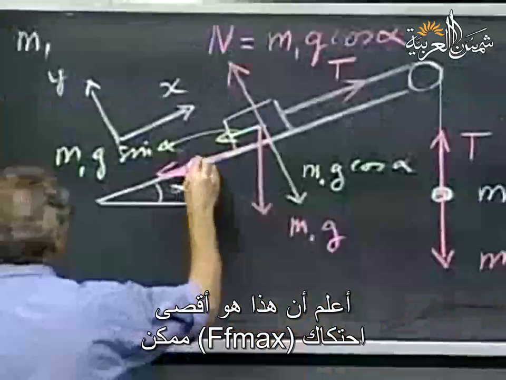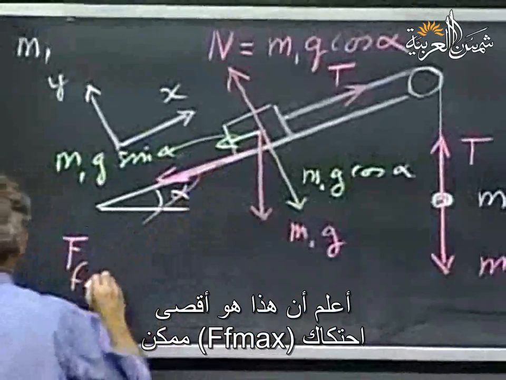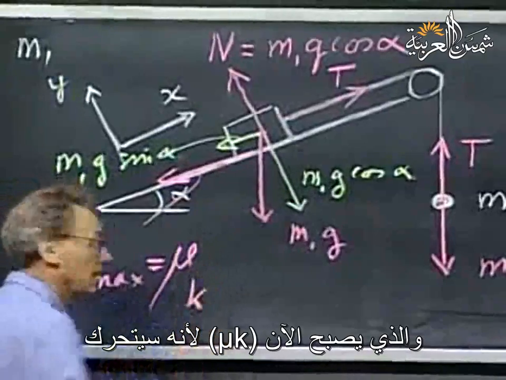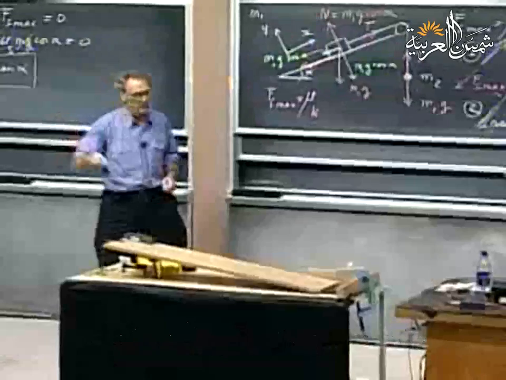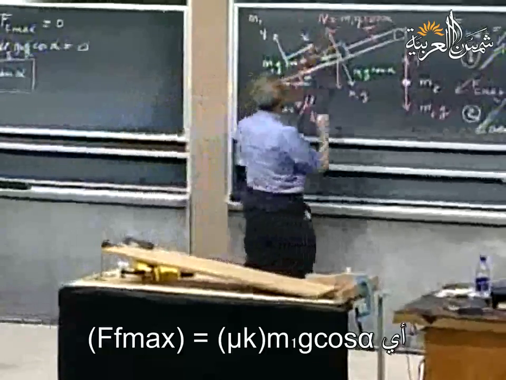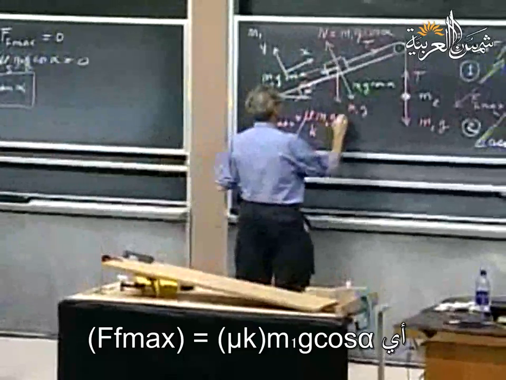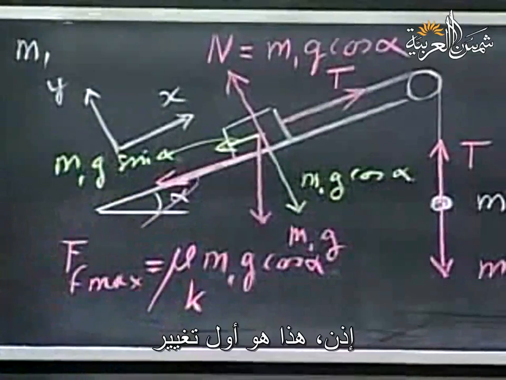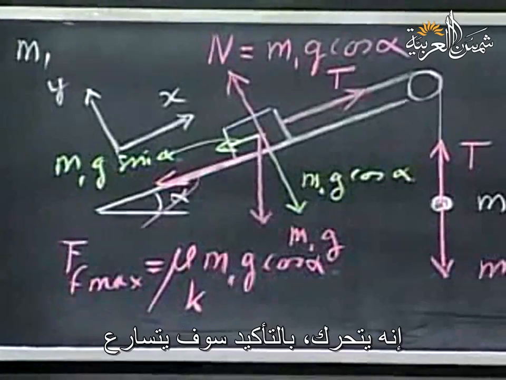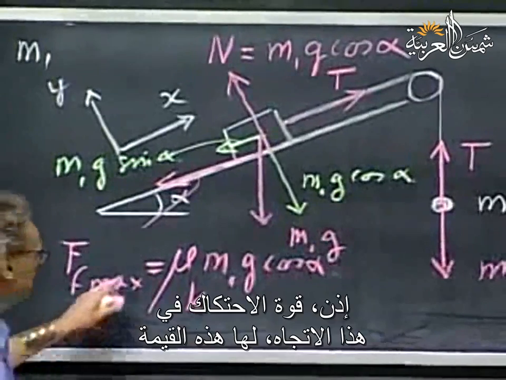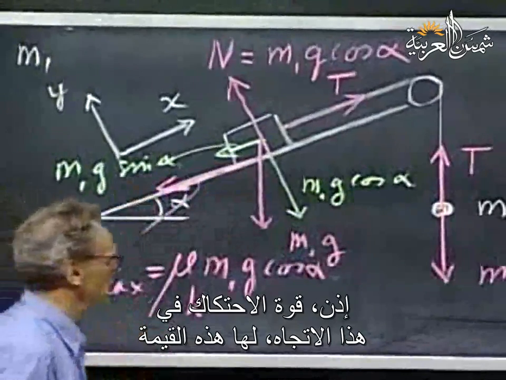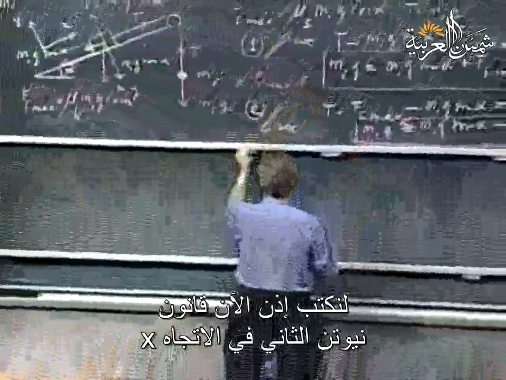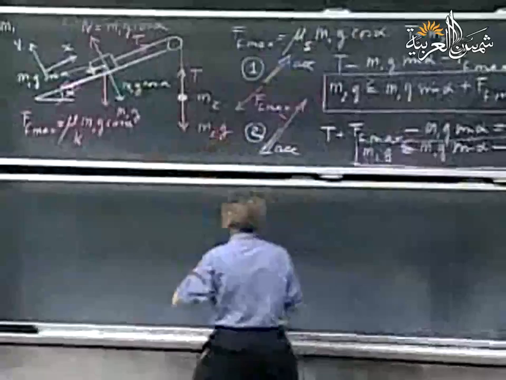I know that this is the maximum friction possible, which now becomes mu kinetic, because it's going to move, times m1 times g times cosine alpha. So that is already one change. It is moving, for sure, it's going to be accelerated, so the frictional force is in this direction, has this value. So let's write down now Newton's second law in the x direction.